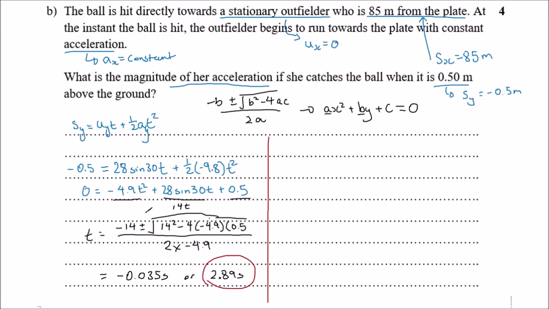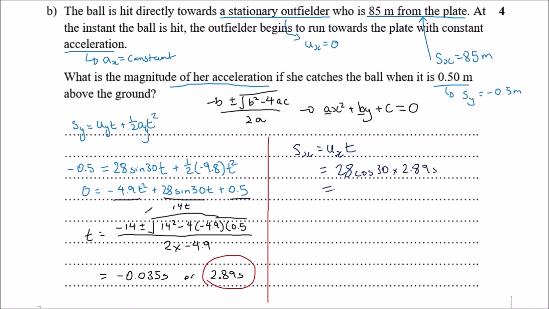So the formula we're going to try and use is s_x = u_x t. u_x is going to be the 28 cos 30. We already know what the time is, that's 2.89 seconds.